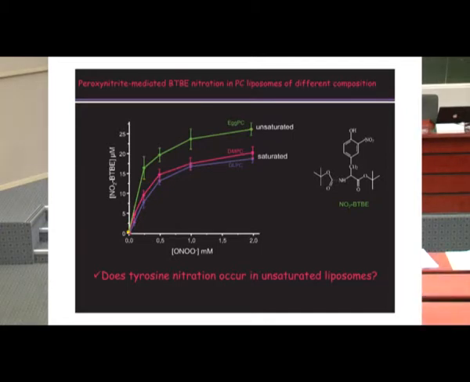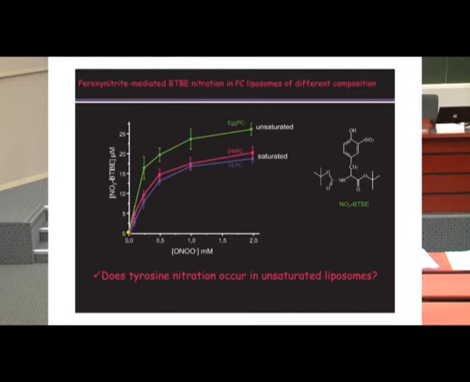So when we exposed saturated liposomes with BTBE to peroxynitrite, we were able to detect the formation of nitro-BTBE in a dose-dependent manner, and we asked the following question: which would be the mechanism of nitration in unsaturated liposomes, where the important amount of unsaturated fatty acids could outcompete for the free radical species?